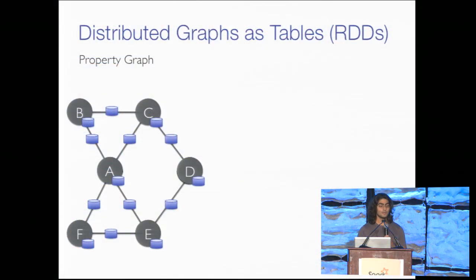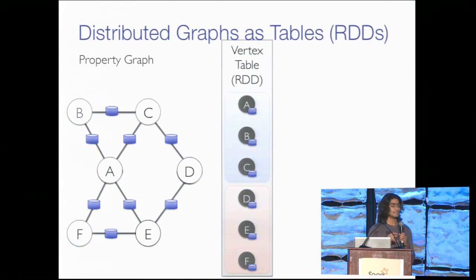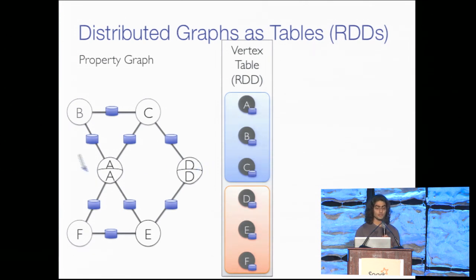First of all, here's how GraphX lays graphs out on the cluster. It takes a graph and represents it using two RDDs, the vertex RDD and the edge RDD, as I mentioned. Vertices are stored as pairs of vertex ID and vertex attribute. Here, this is a vertex table that stores vertex attributes. And the edges are stored in a separate RDD from the vertices.